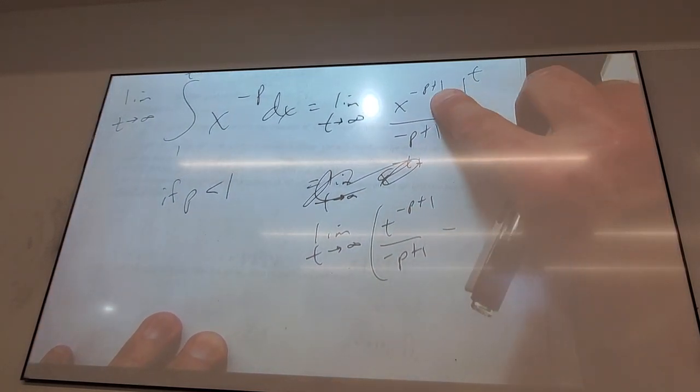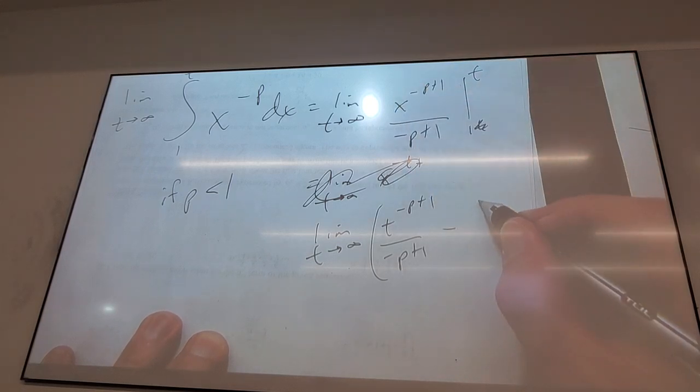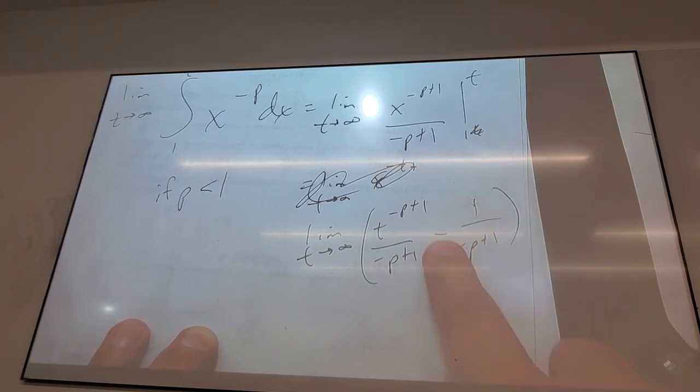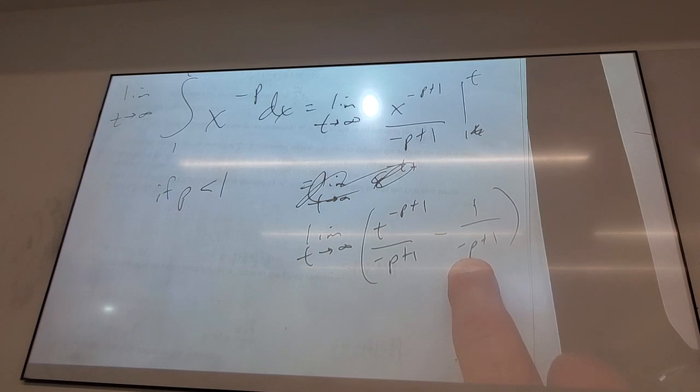Minus plug a 1 in for x, and 1 to any power is 1. So that's just some number, this piece. Do you guys see that? The question about does this converge or diverge is all about what this piece does, because this is just some stupid number, yes? I don't care what this number is. If this goes to infinity, this guy can't save it.